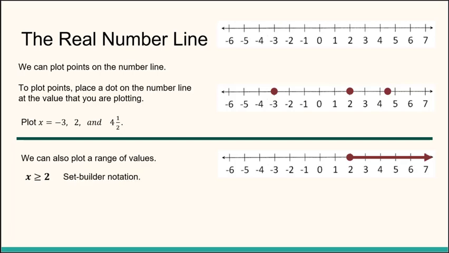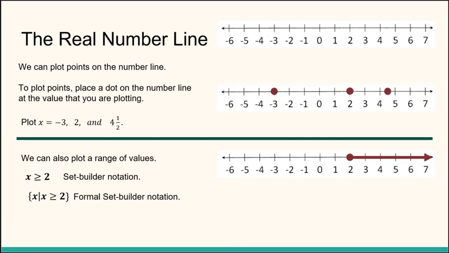Now the notation that you're looking at is called set builder notation. Whenever you're working your problem, sometimes your homework is going to ask for set builder notation. So if they do, they might be looking for x greater than or equal to 2, but they also might be looking for this formal set builder notation, which is a curly bracket, an x, and then that straight line down means such that.